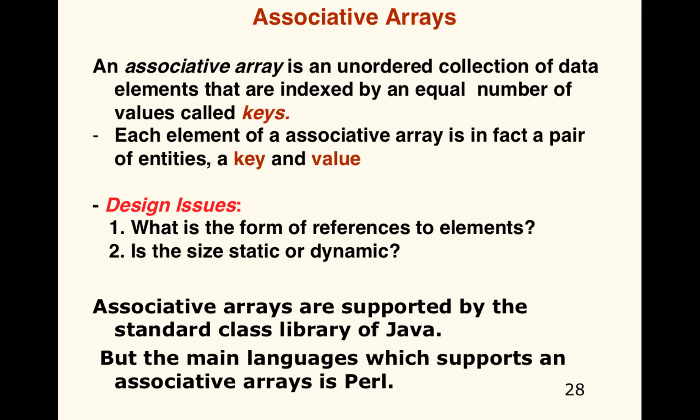Another language that really does a nice associative array is PHP, which is a scripting language for websites. PHP and Perl. In fact, most of the associative arrays come from Perl. The PHP one works really well with the tuple. The tuple is sort of like a row in a database.